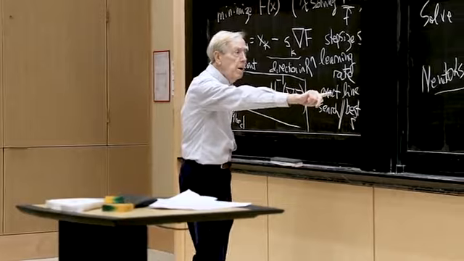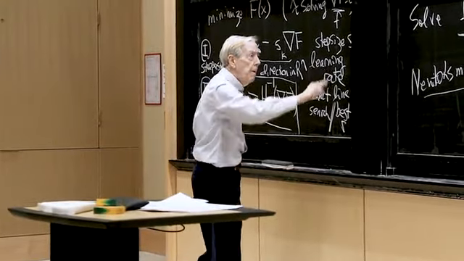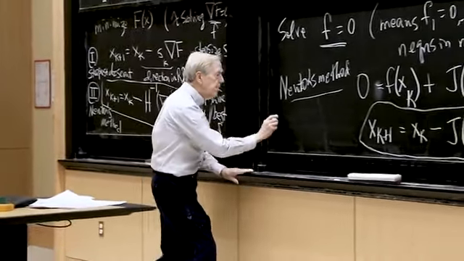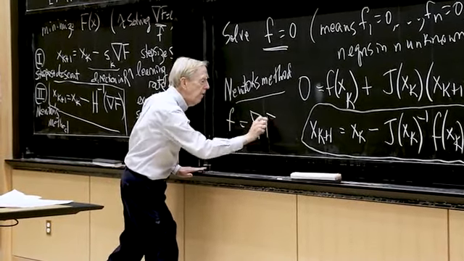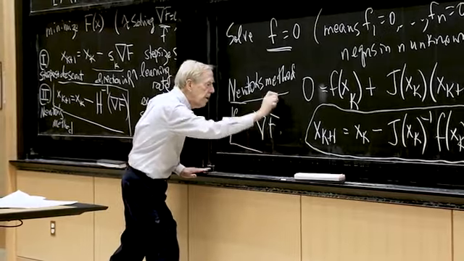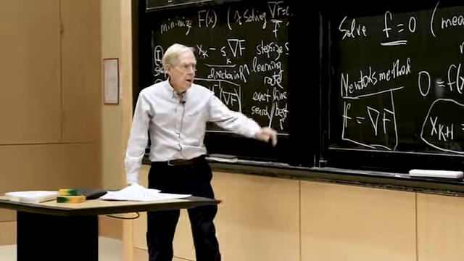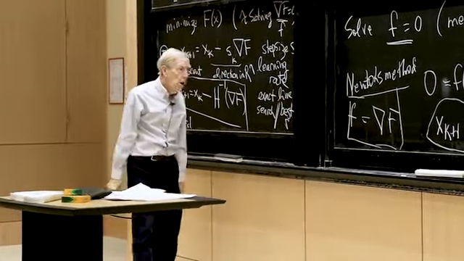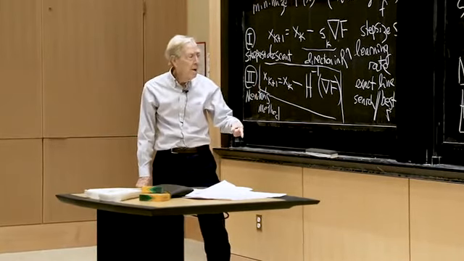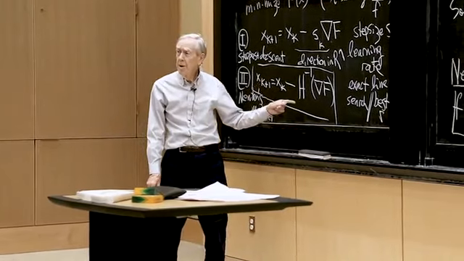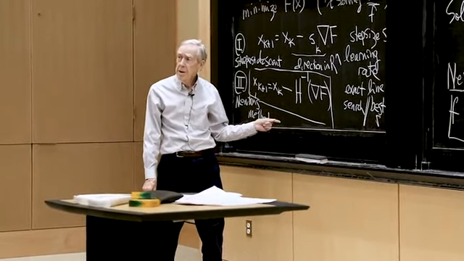The Jacobian of, so again, the match is, think of f as the gradient of f. That's the way you should think of it. So the Jacobian of the gradient is the Hessian. The Jacobian of the gradient is the Hessian.